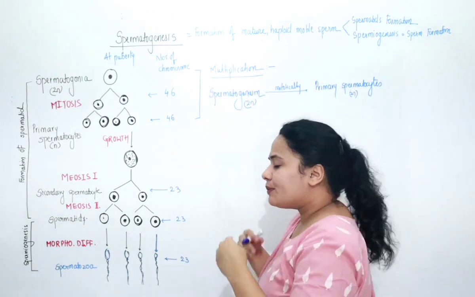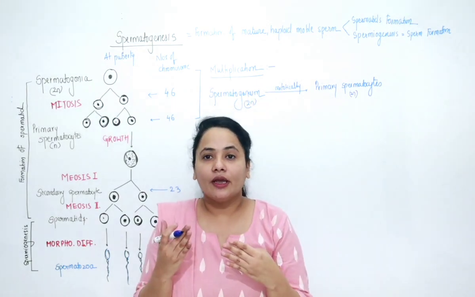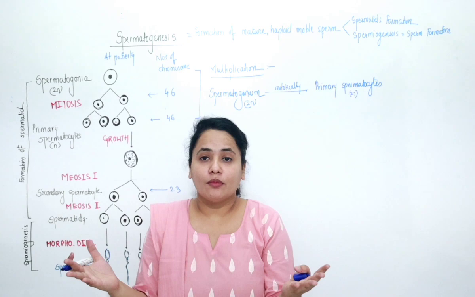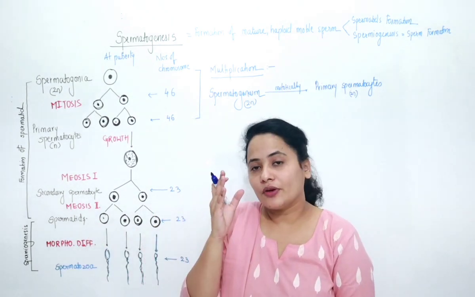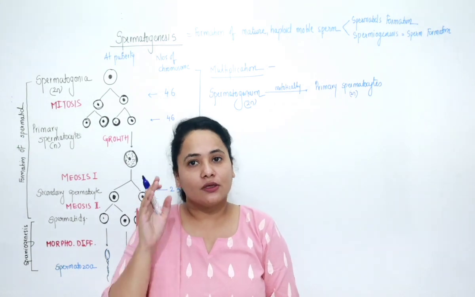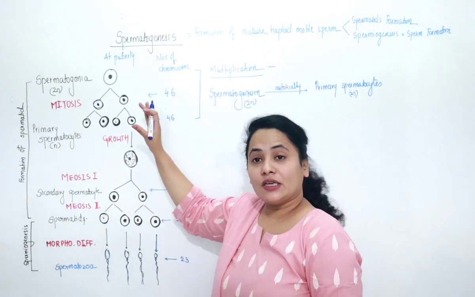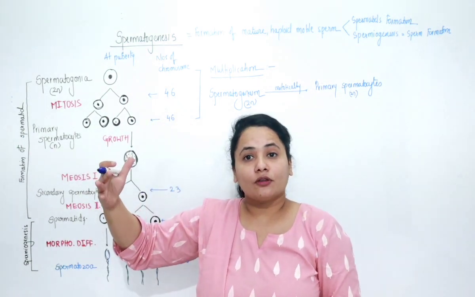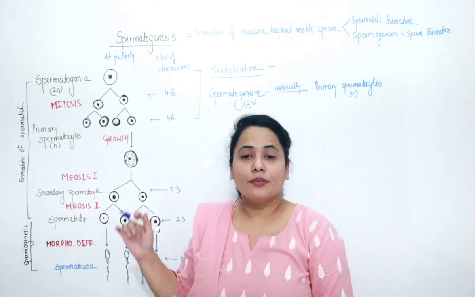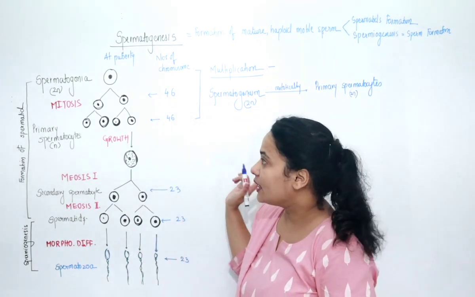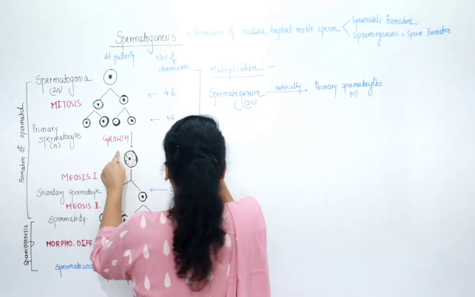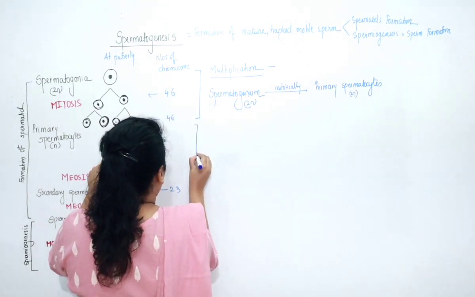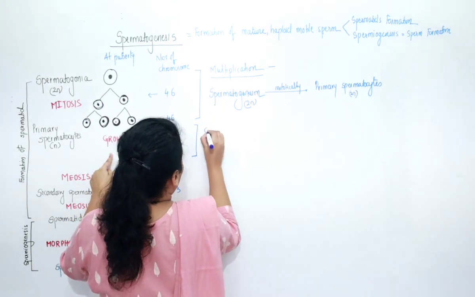It keeps on dividing and dividing, and it will form so many primary spermatocytes. Remember the ploidy level, it is diploid. So this is basically the multiplication phase, which means the number of gametes would be more because of this phase.